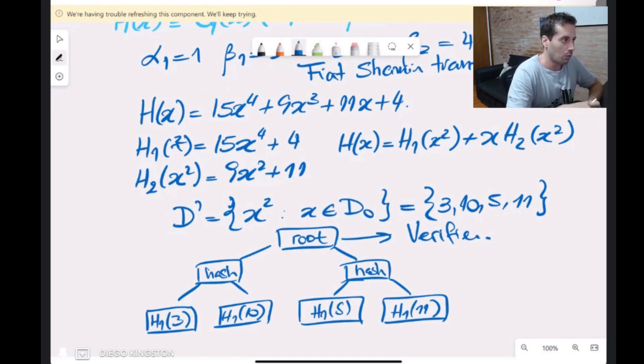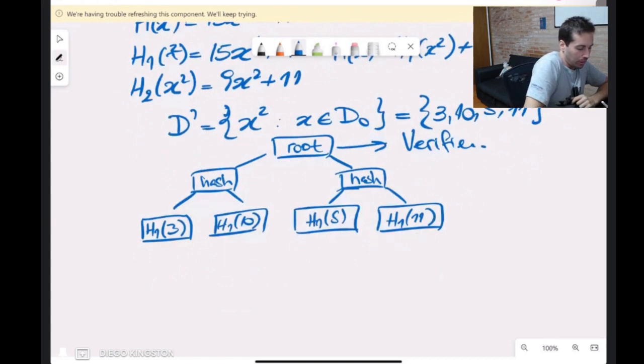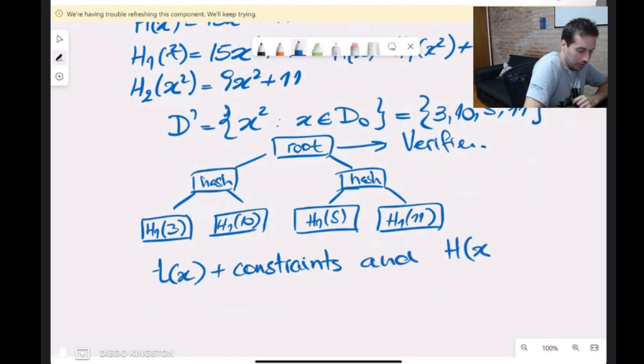We do the same for h2. Well, what we would like to show is that there is in fact a relationship between the execution trace polynomial and the constraints and the polynomial h of x.